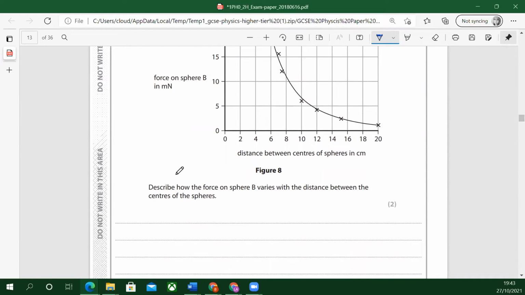Describe how this force on sphere B varies with distance between the centre of the spheres. Okay, so first of all, an easier one. As the distance increases, the force decreases.